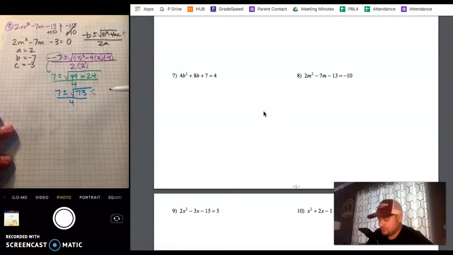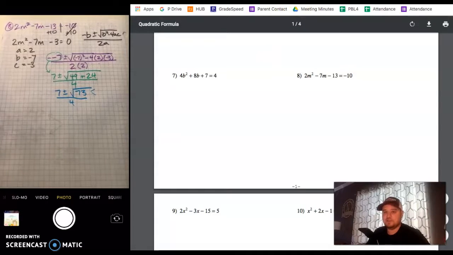Can't divide it by 3 or 4 or 5. I don't think I can divide it by 7, because 7 times 10 would be 70, so the next one would be 77, so that's not going to work. Can't do 9, because then I would have been able to do 3. I can't do 11, because like 77 again. So I believe 73 is a prime number.